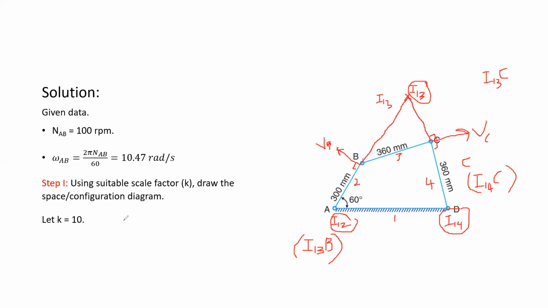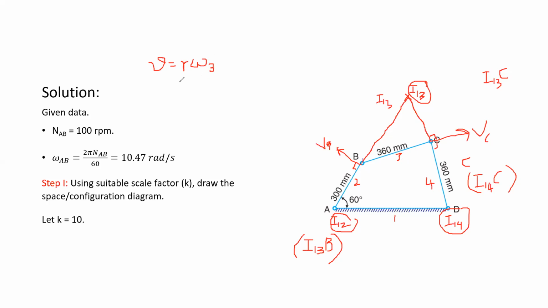What we know is the formula V equal to R omega. So omega BC, right? Omega BC is nothing but BC is your link 3, right? Omega 3 हमें find out करना है.